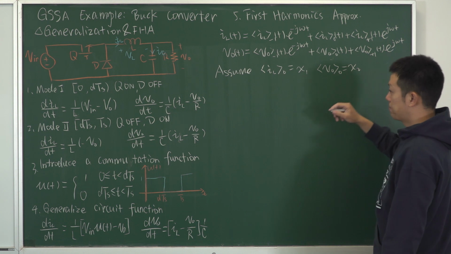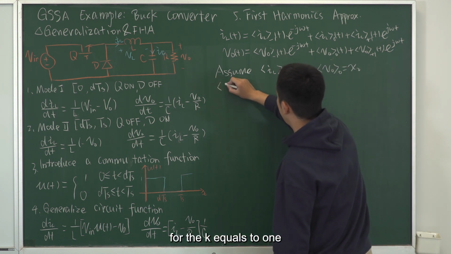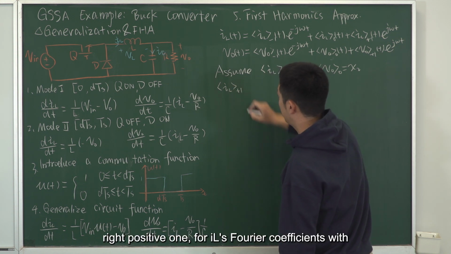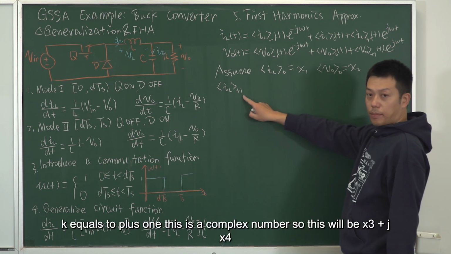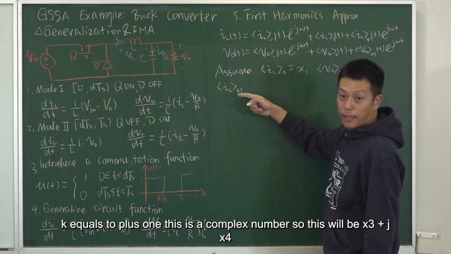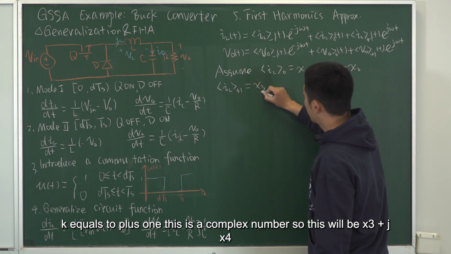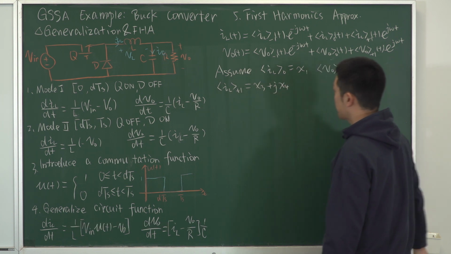And for k equals 1, positive 1, for IL's Fourier coefficient with k equals plus 1, this is a complex number, right? So this will be x3 plus jx4.